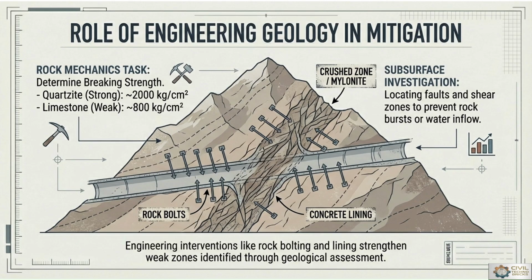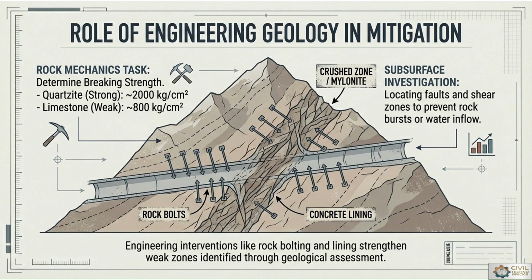Here we mention engineering solutions such as rock bolting to strengthen the weaker zone of the rock. Bolting is an activity which provides strong support to the tunnels in the nearby area. We can also use concrete lining for the same. So we conclude that rock mechanics is essential for designing safe underground structures.